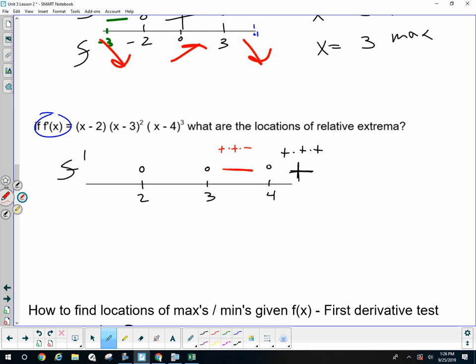Okay, so I have to keep track of these exponents because this negative cubed, okay, that's negative. When I plug in 3.5, I got a negative for the x minus 4 cubed. But this will be positive, this will be positive. When I plug in 2.5, first guy's positive, I'd have a negative value being squared.